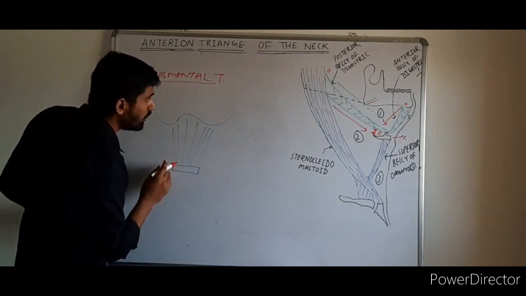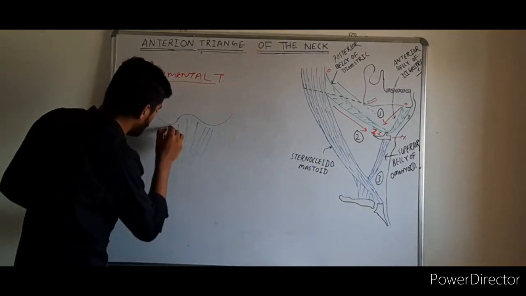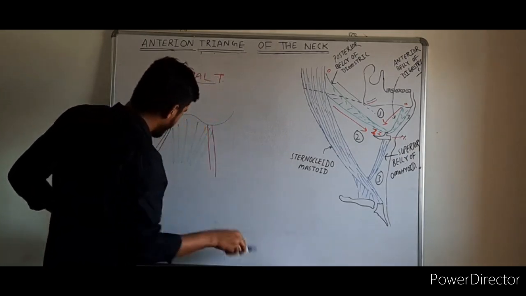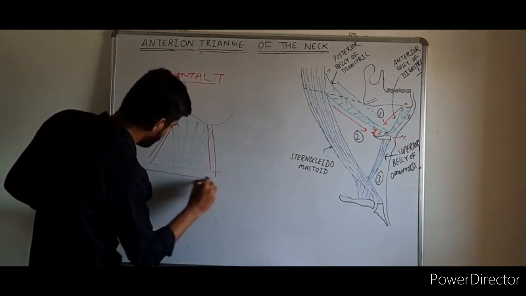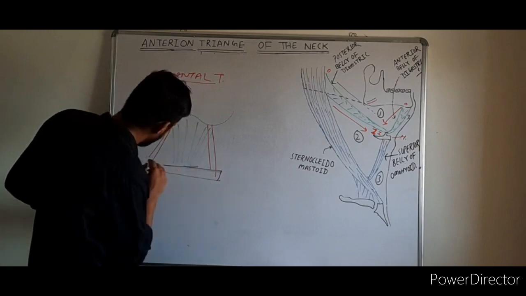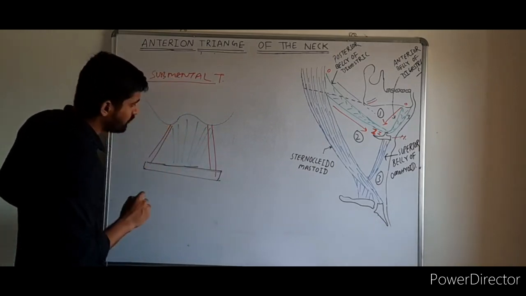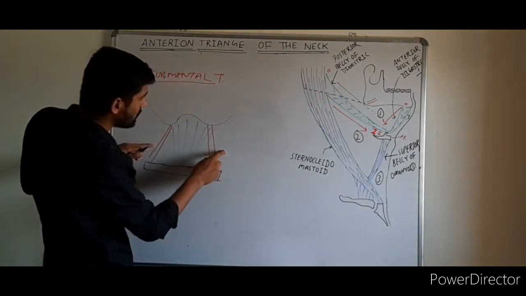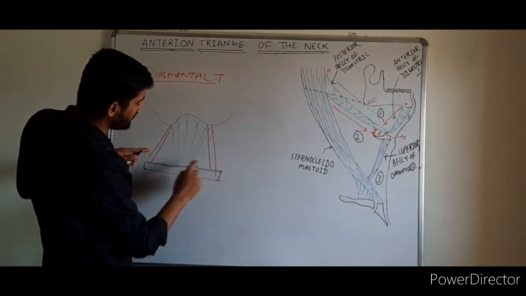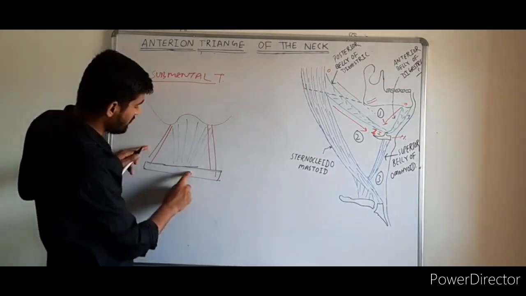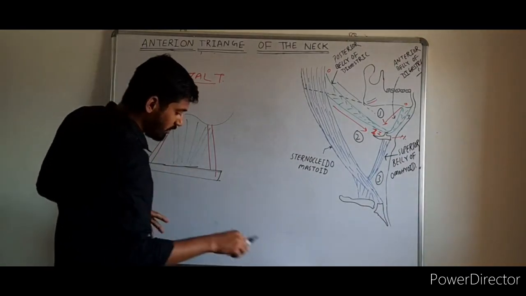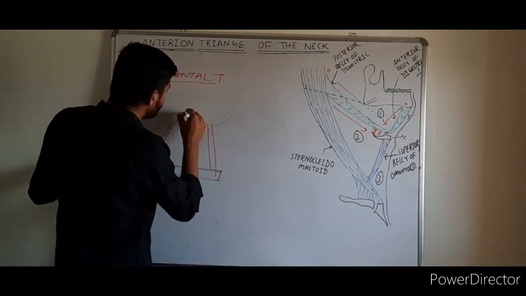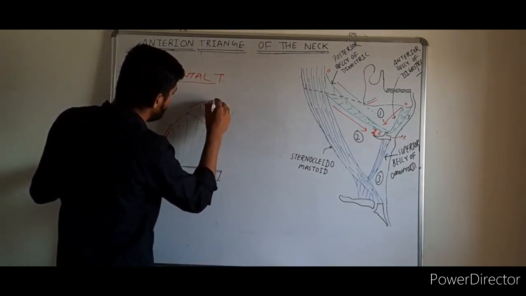So this is the anterior belly of the digastric, and this structure is the hyoid. So on each side the anterior belly of the digastric, and the base is formed by the hyoid bone. Now this is the apex, formed by the chin.